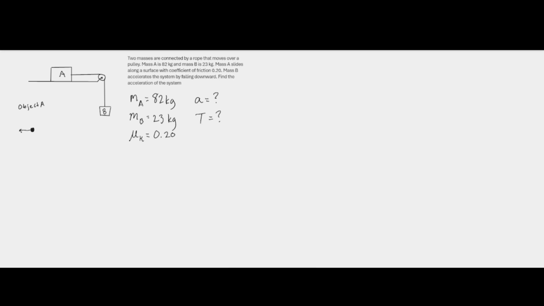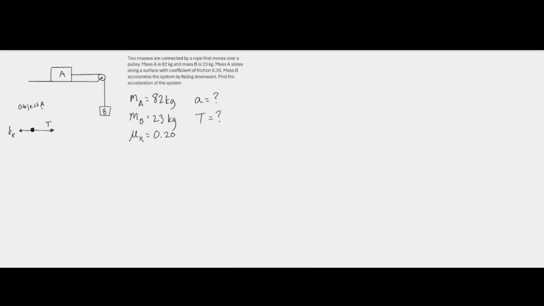This is going to be kinetic friction because the box is going to be moving. So this is going to be the force of kinetic friction, and that's related to the coefficient of kinetic friction. Like I mentioned, we're going to have a tension force, and it's going to be pulling to the right. That's going to be due to the string or rope that's connected to object A.